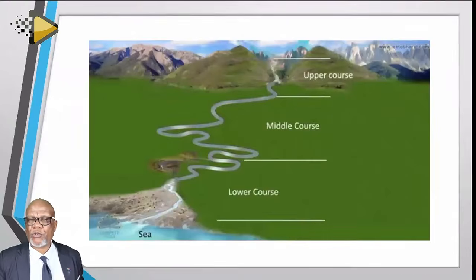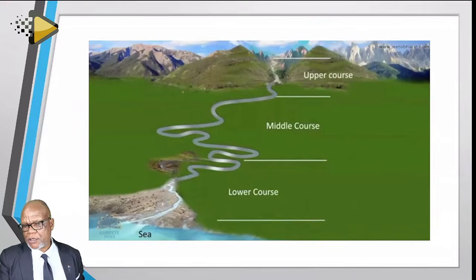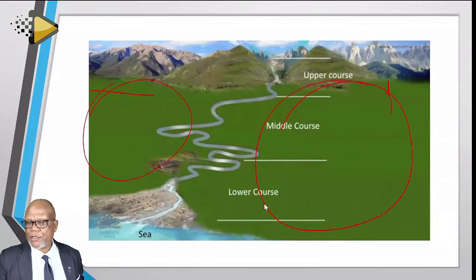Now, this is the continuation of the longitudinal profile of the river. You have the upper course, middle course, and then this green area that you're looking at here, this is what we call the floodplain.